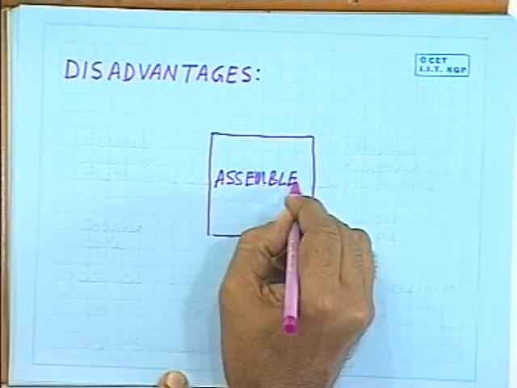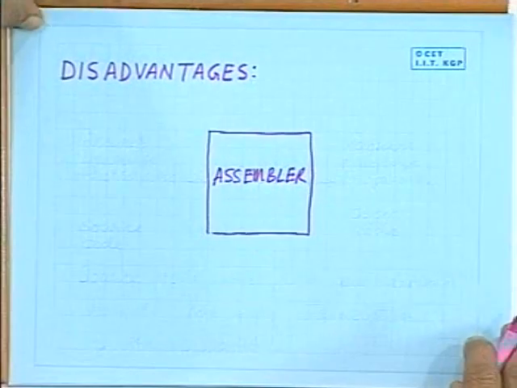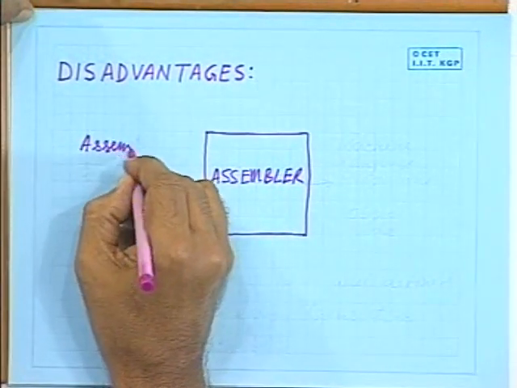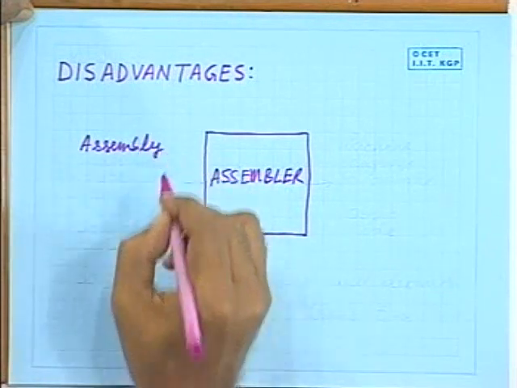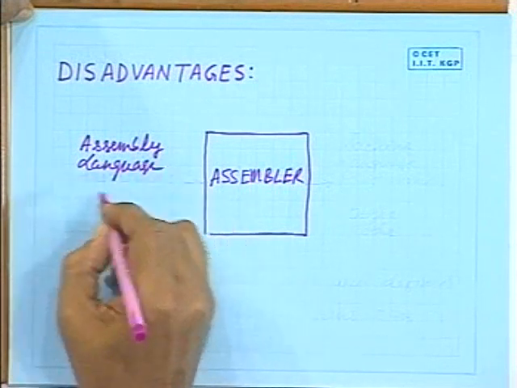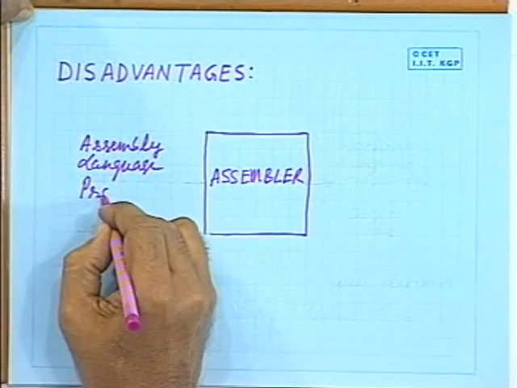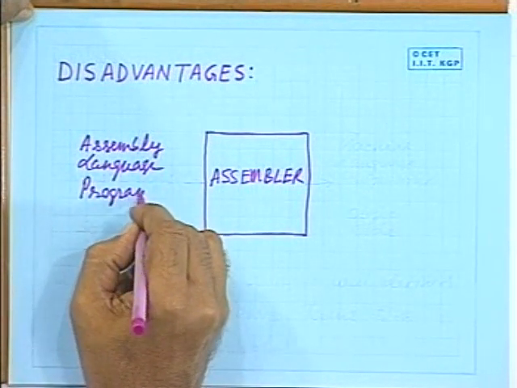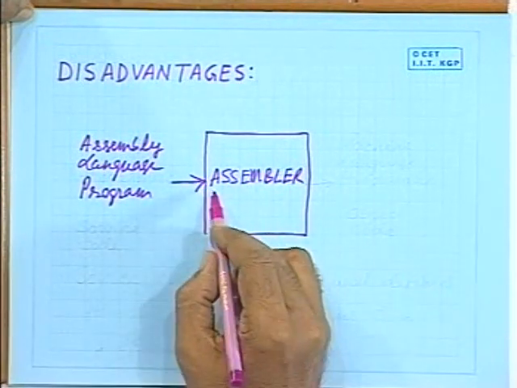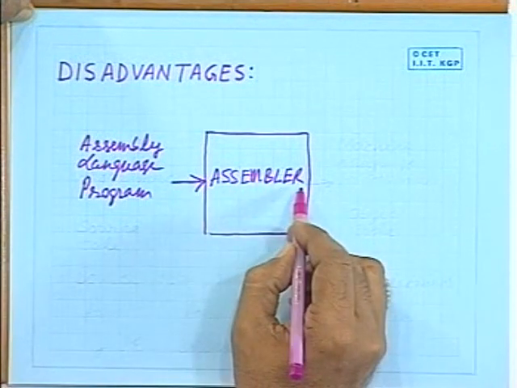You will require an assembler to convert the program written in assembly language. You have written your program in assembly language. That program has to be converted into machine language with the help of an assembler.